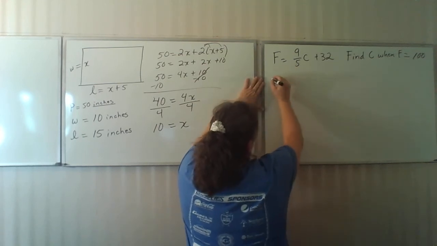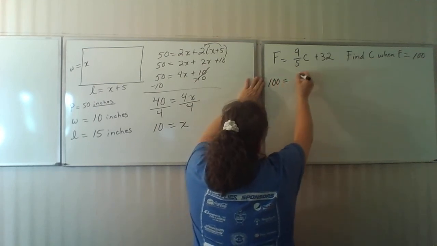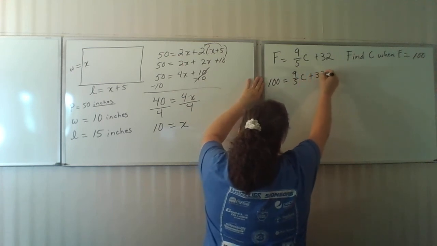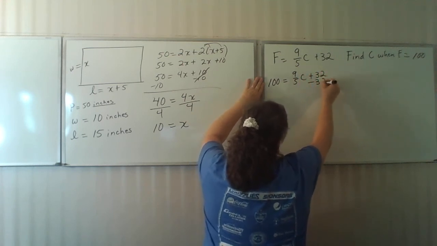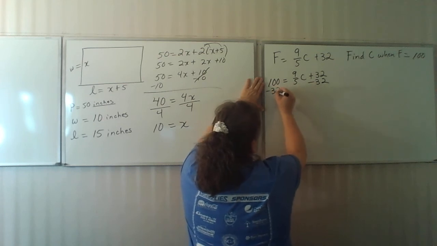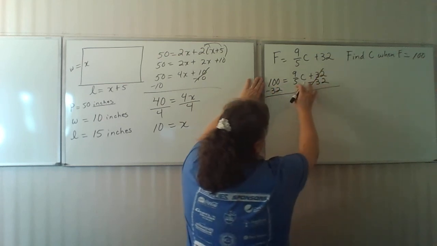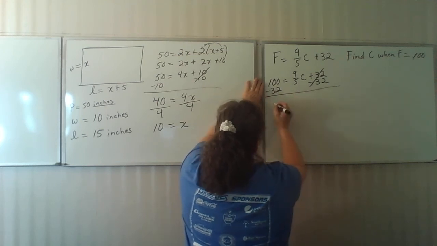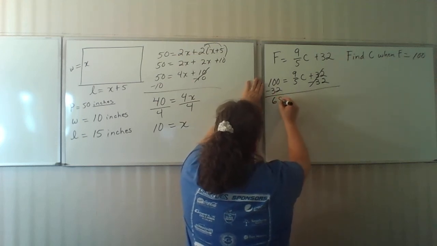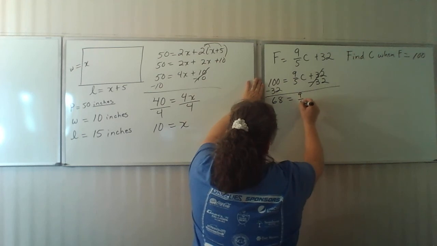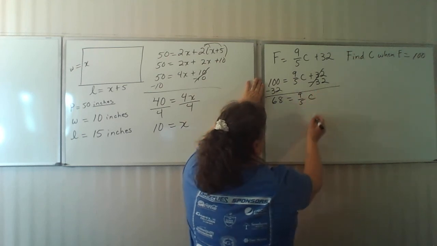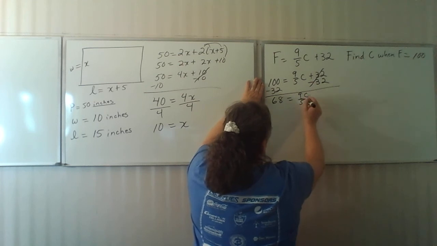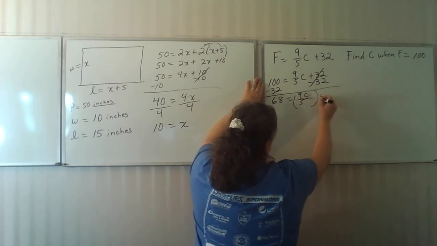F is 100, so 100 equals 9/5 C plus 32. Subtract your 32 from both sides so you can isolate your 9/5 C. 100 minus 32 is 68 is equal to 9/5 C. I'm going to put my C on top with my 9 and multiply both sides by 5.